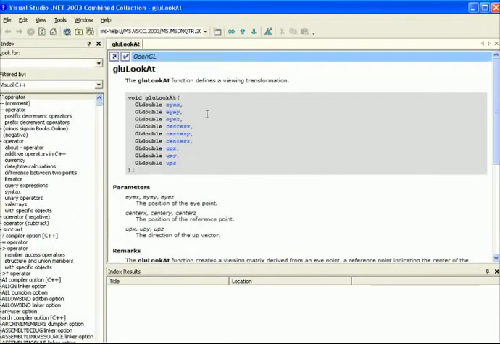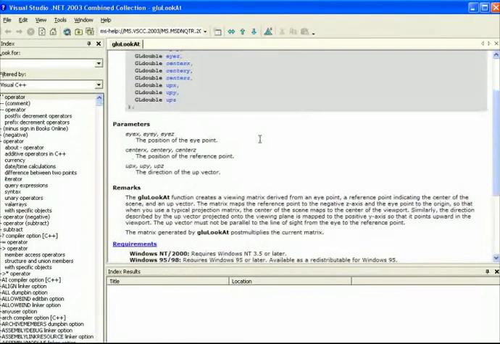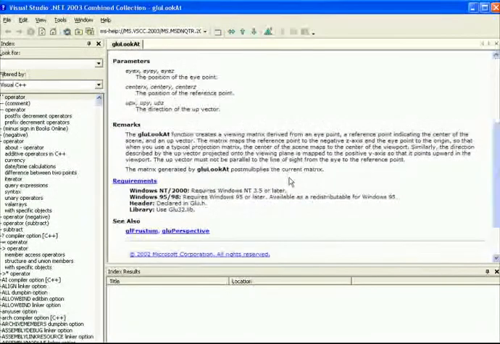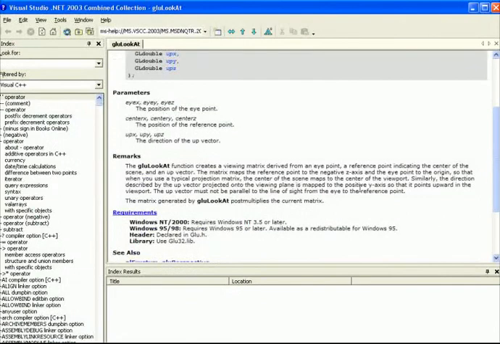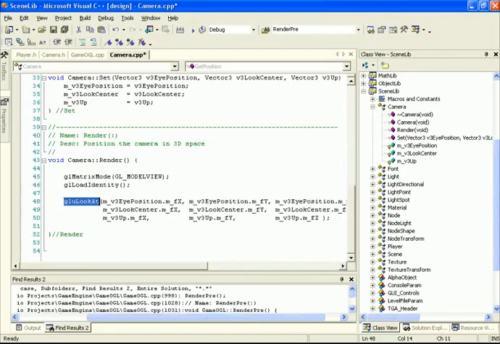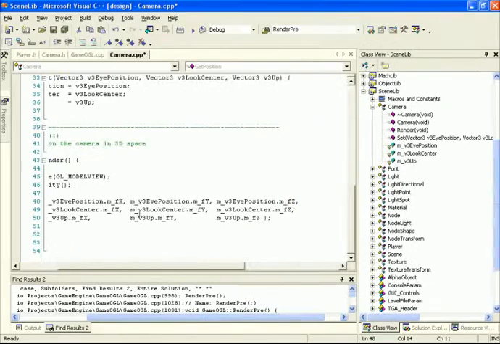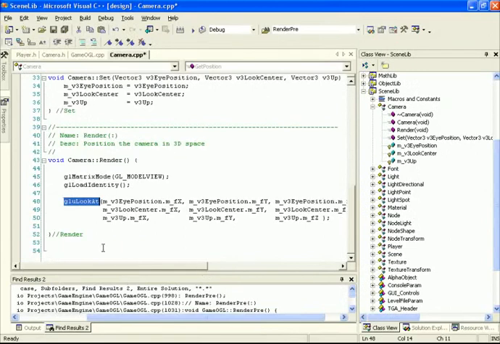If you read through, you can see we need to position the eye, we need to position the reference point where we're looking at, and we need the direction of the up vector. And here's a little bit more of a description of what's going on. So we're just taking those x, y, z components and passing them all into our function. And that's it.